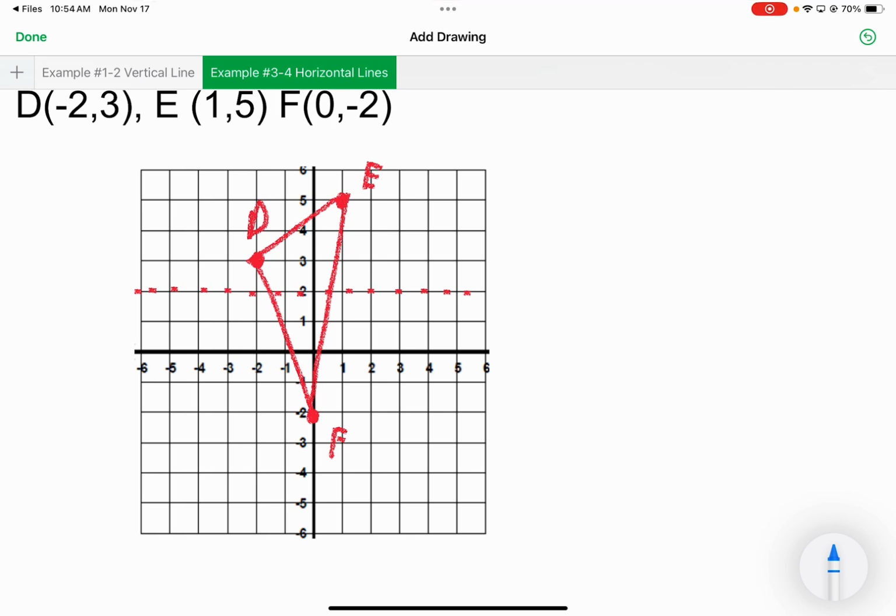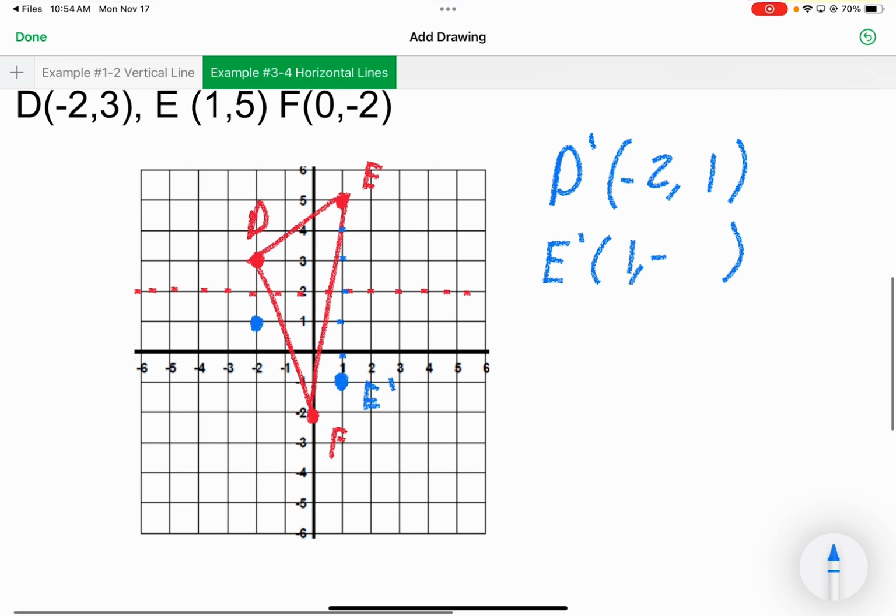All right, D. I need to reflect over that line. Where's it going? Down. So D prime. Where's that going to be? Looks like -2, 1. All right, E prime. That's also going down. 1, 2, 3. Looks like it's going to be right over there.